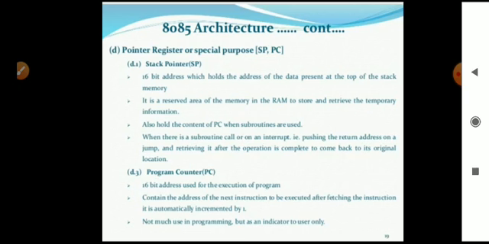It is not much used in programming, but only as an indicator to the user, to identify which instruction is to be accessed after completion of the current instruction.